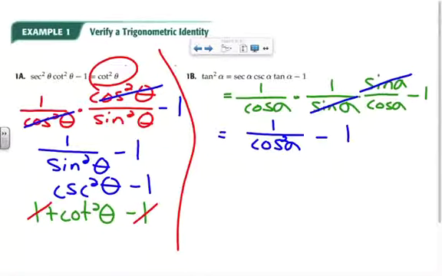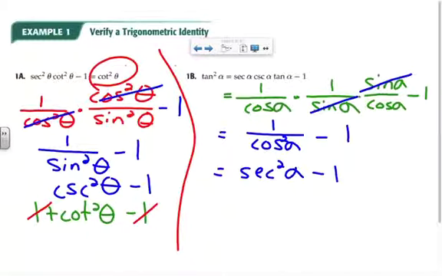We know that 1 over the cosine is equivalent to secant, so I'm going to rewrite this as secant squared of alpha minus 1. And again, I have a trig function squared with a 1, so let me look at my trig ratios and my Pythagorean identities.